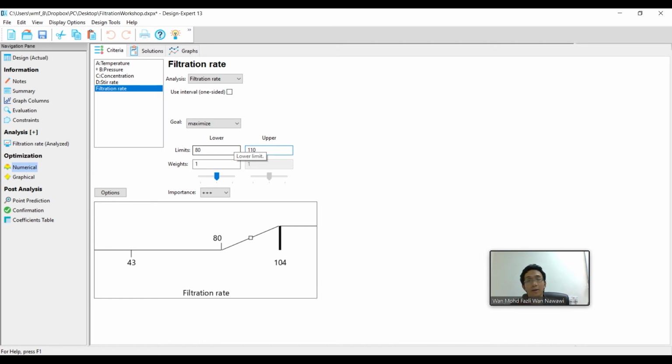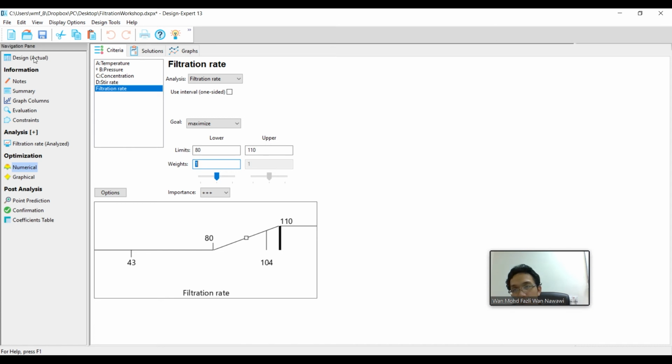Who knows, maybe the software can find a factor level that gives you beyond what you got before, because 43 and 104 is basically the range you got during the observation.